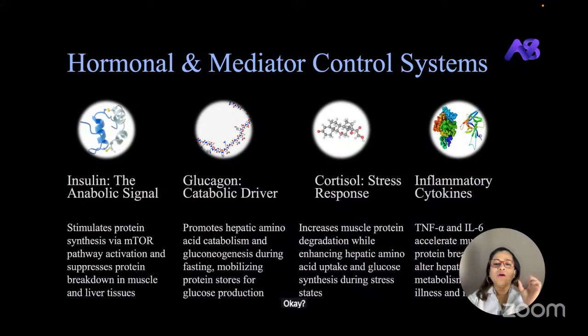Okay. The other important hormone here is cortisol, that is your stress hormone. So we know that the source is the adrenal cortex, that is the zona fasciculata, which is regulated by the ACTH, okay, from the pituitary. So cortisol helps the survival of stress.